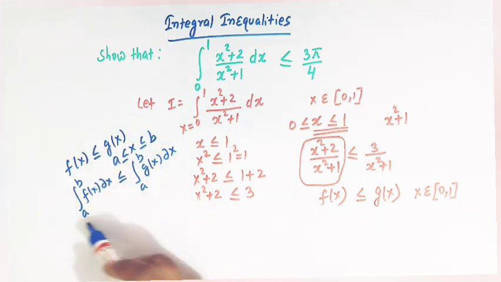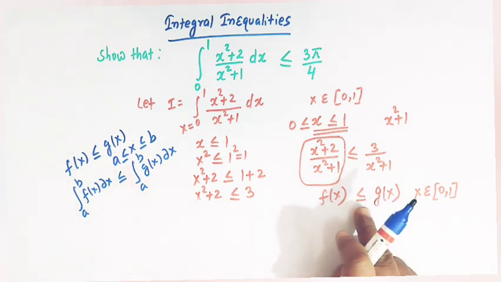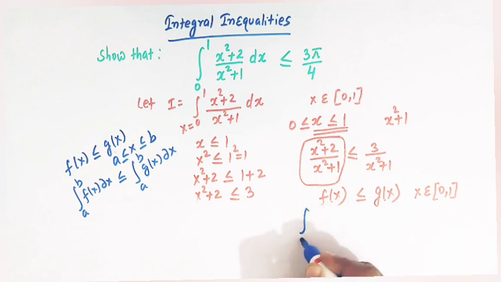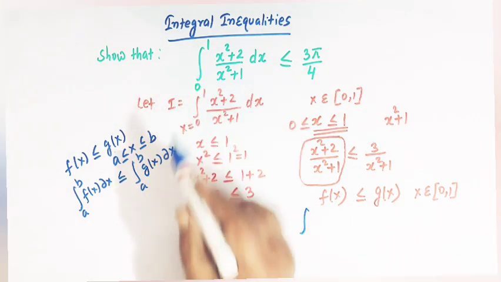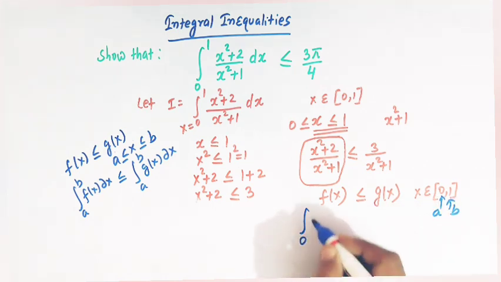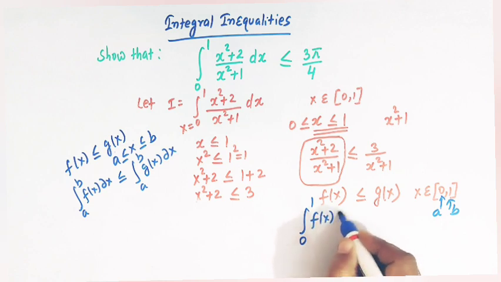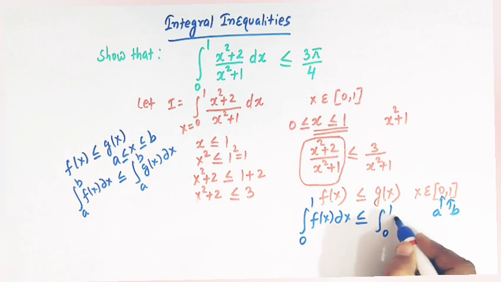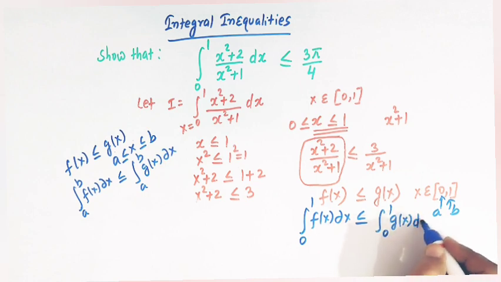We have already discussed this property in our earlier videos. So f(x) is less than or equal to g(x). Let us integrate both sides from 0 to 1, so 0 is a, 1 is b. So the integral from 0 to 1 of f(x) dx is also less than or equal to the integral from 0 to 1 of g(x) dx.